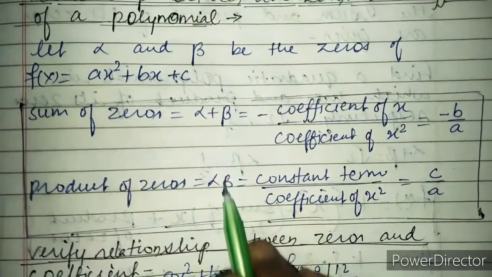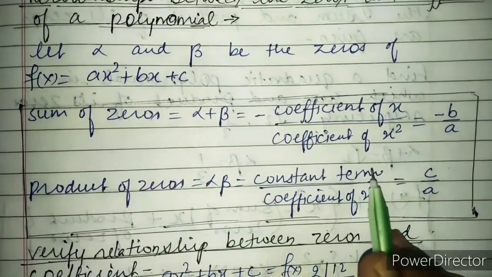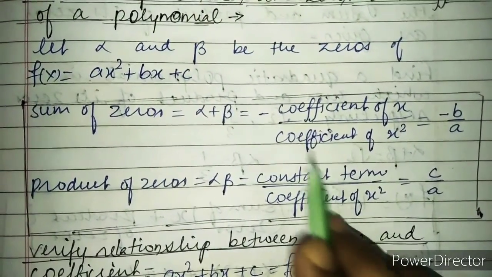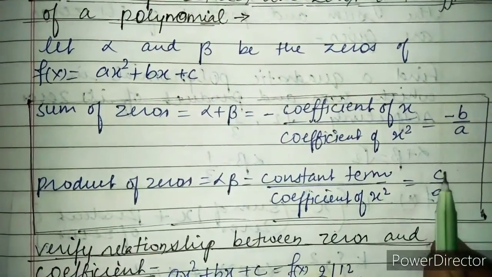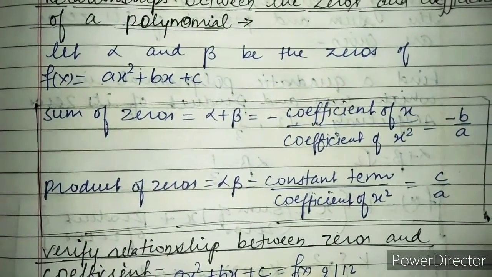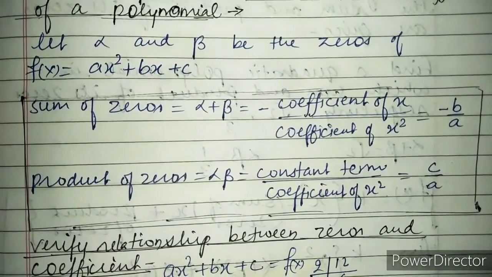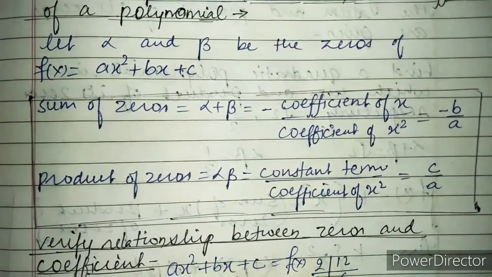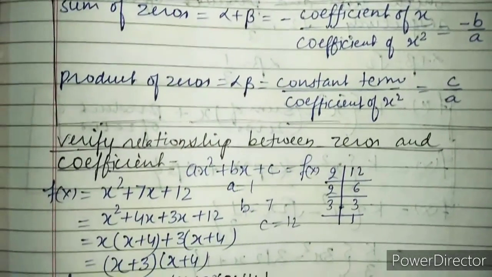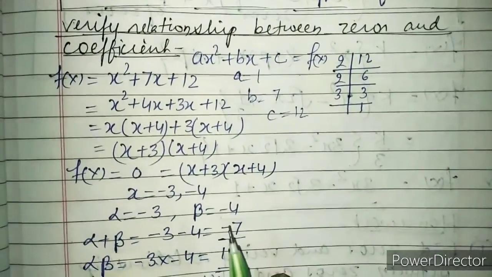Product of zeros, alpha into beta, equals constant term upon coefficient of x². The constant term is c and the coefficient of x² is a, so c upon a. This is the formula: the sum of zeros is minus b upon a and the product of zeros is c upon a. Now we will solve a question on the basis of the same formula.